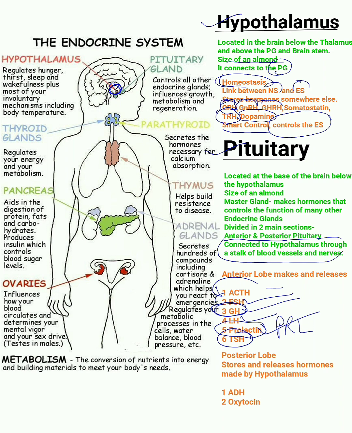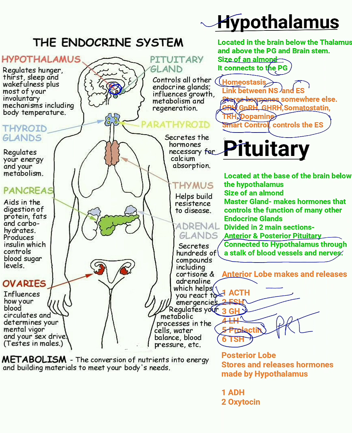It tells the anterior or the posterior pituitary gland when to release or secrete its hormones. Well, the hypothalamus controls mood, hunger, thirst, sleep patterns, sexual function, body temperature, etc.